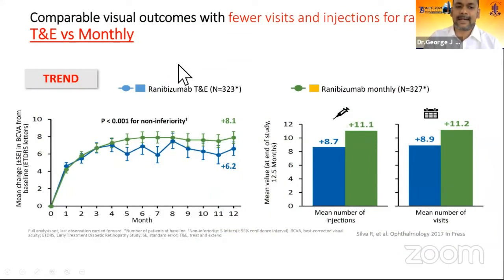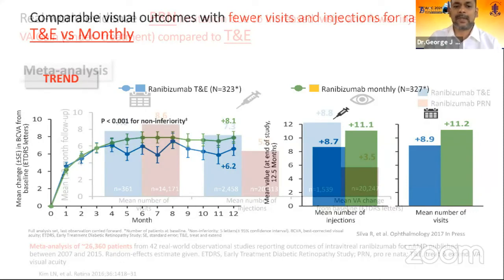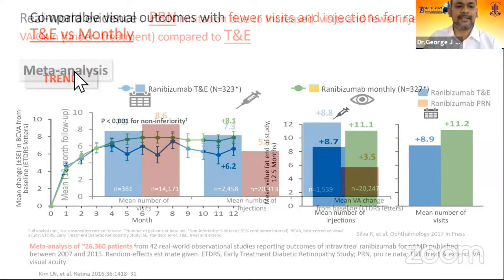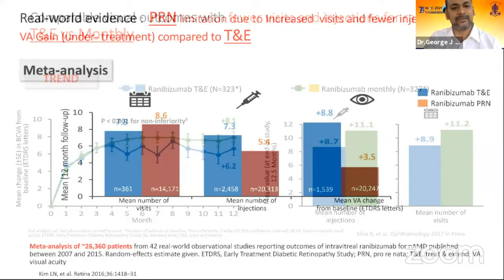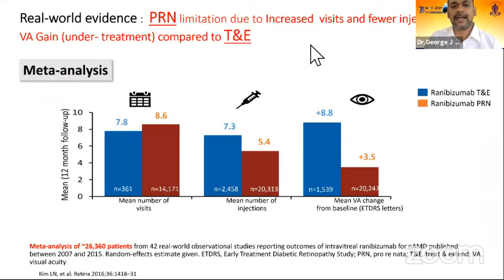TREND was a major study that compared treat and extend versus monthly injections and showed that visual acuity improvement was the same as monthly injections, with fewer visits and injections of ranibizumab in the treat and extend regime. Also, a large real-world meta-analysis of around 26,000 patients showed that compared to treat and extend, the PRN regime has the limitation of increased visits.